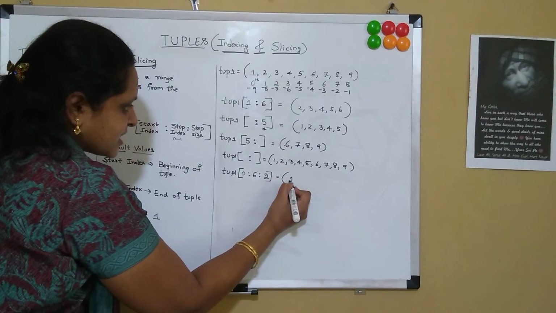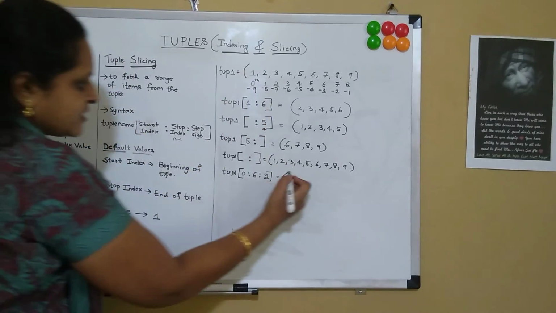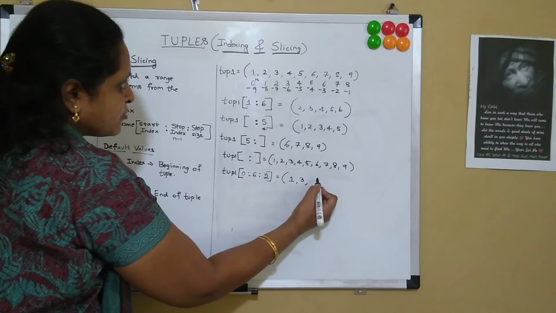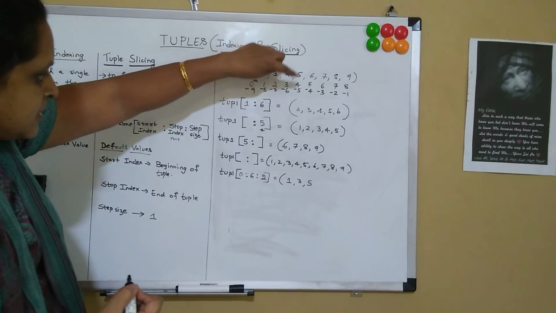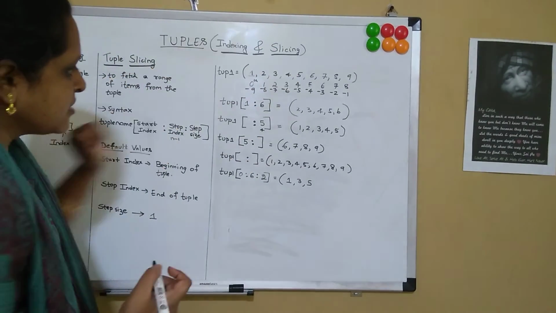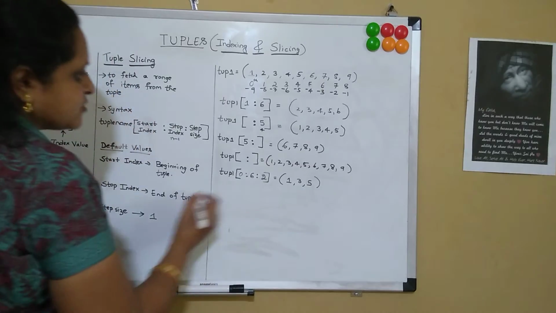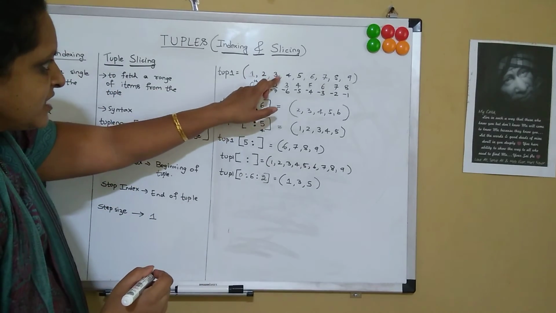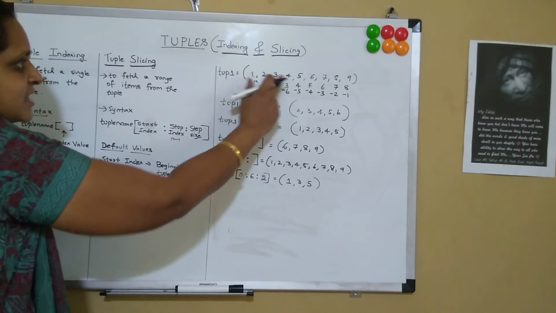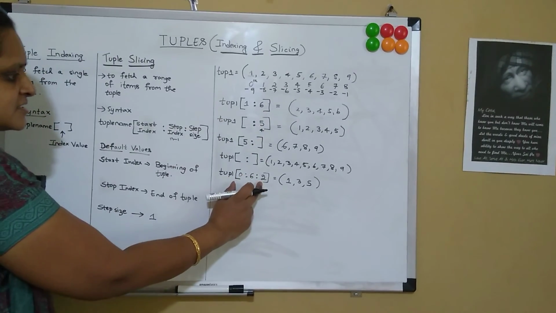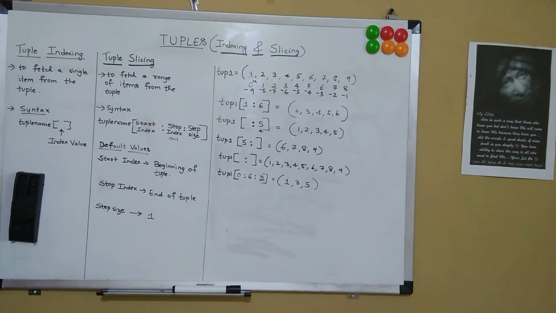So it will print 1, 2 it will omit, it will print 3, 4 it will omit, it will print 5. So it will print these values, that is 1, 3 and then 5. It will skip the intermediate element since the step size is 2.